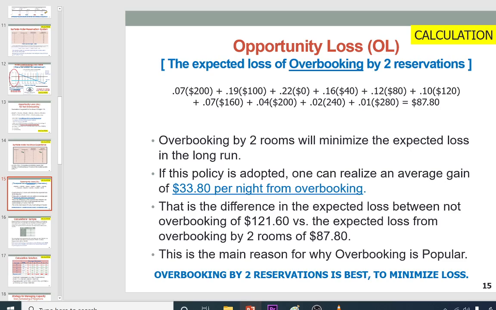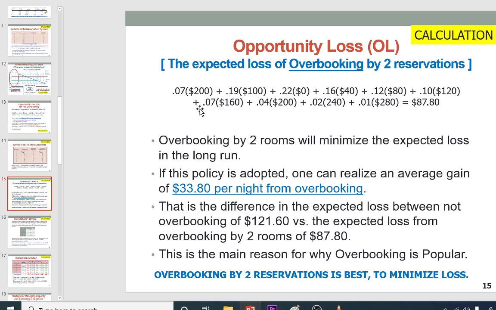and then plus 0.16 multiplied by 40, plus 0.12 multiplied by 80, and plus 0.10, which is 10%, multiplied by 180, right?